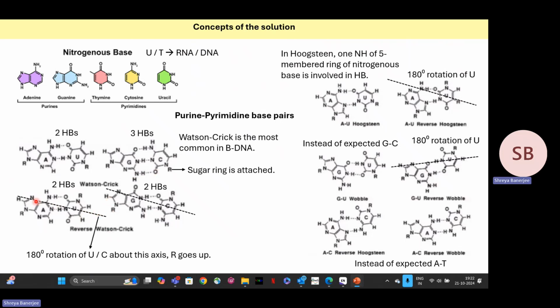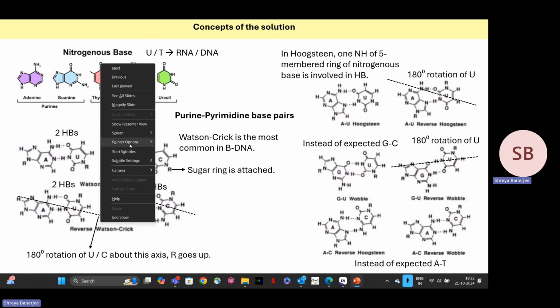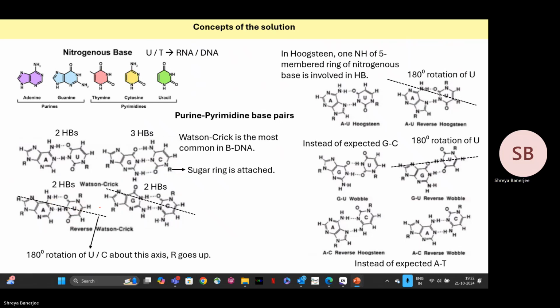In reverse Watson-Crick, what happens is, if you imagine this dotted line and you flip this second residue along the dotted line, then instead of carbonyl 1 participating in the bonding, now carbonyl 2 is participating in the bonding.